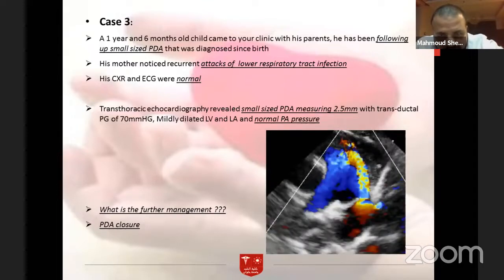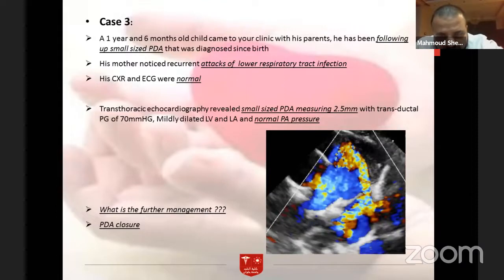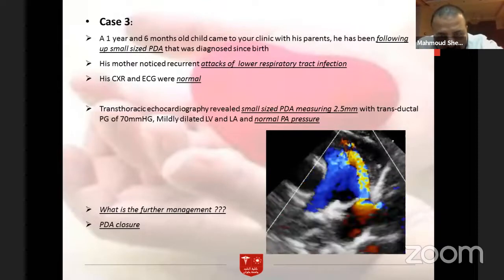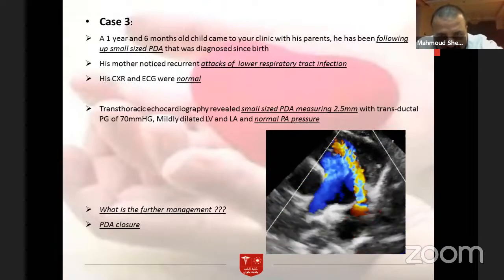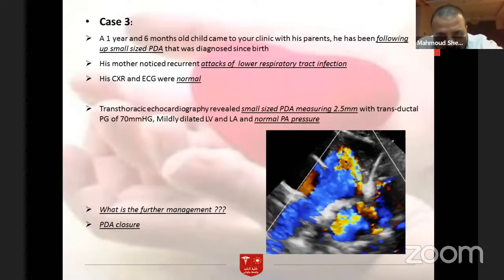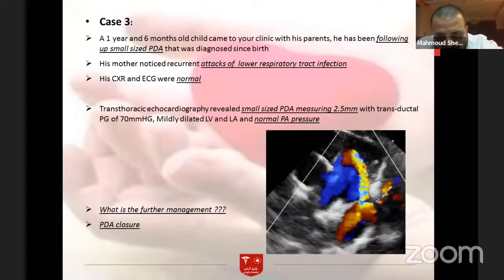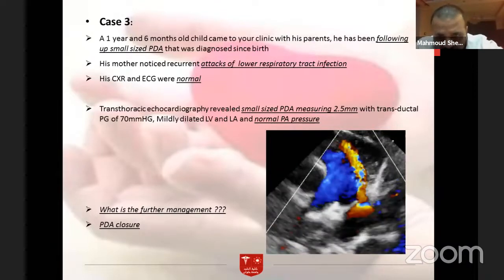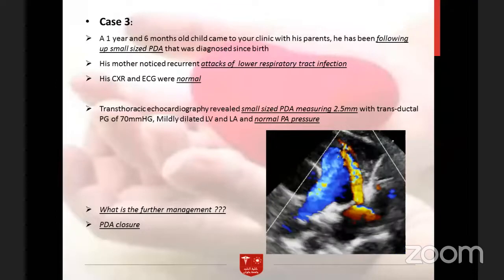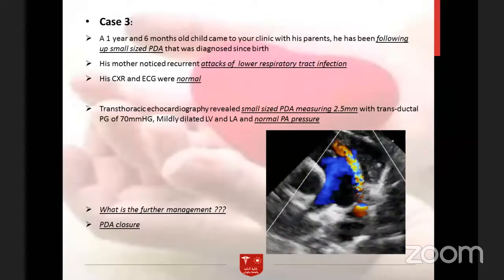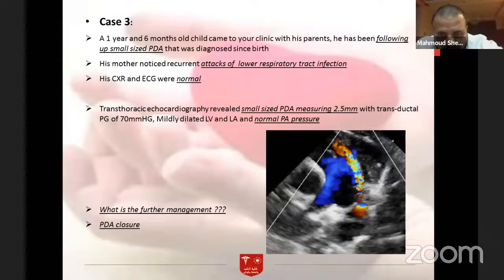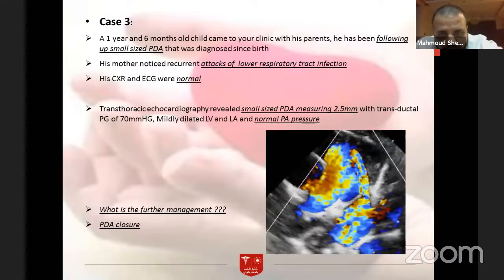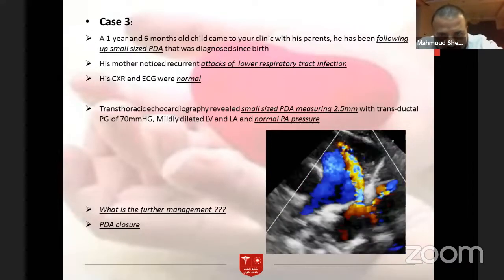Or sometimes if the chest window is not that good, you can use a suprasternal window to identify clearly the pulmonary end. And also, as Dr. Khaled mentioned before, we should make an effort to know the shape of the PDA. We measure the aortic end and the length of the PDA as well, and also look at the surrounding structures and the volume load effect, which is mentioned in the case scenario.